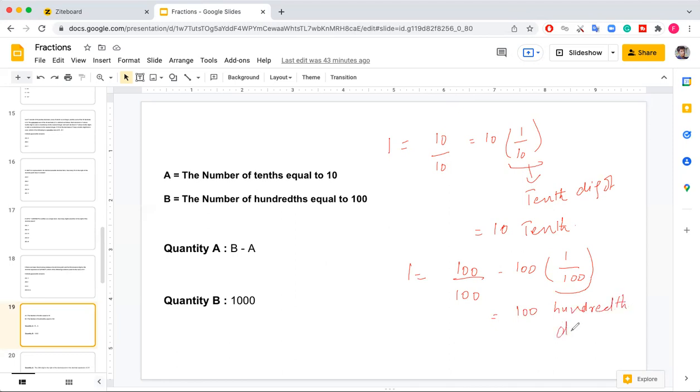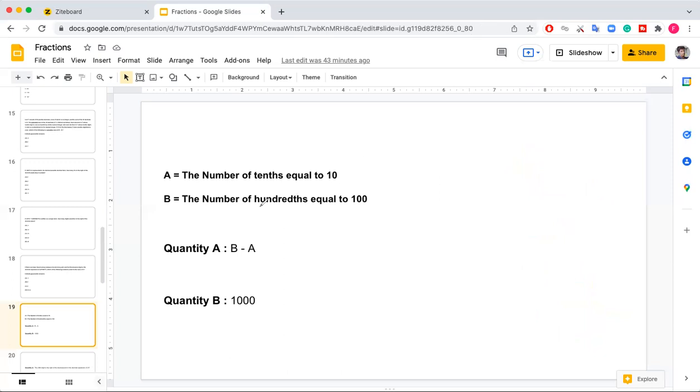You got what I did in this? Just to give an idea. The question is about the number of 10th. For 1, this is the same as 1, right? 10 into 1 over 10, the result will be 1. But we can say that we have 10 times 10th and 100 times 100th, right? Now see the question. The question is saying that the number of 10th equal to 10.